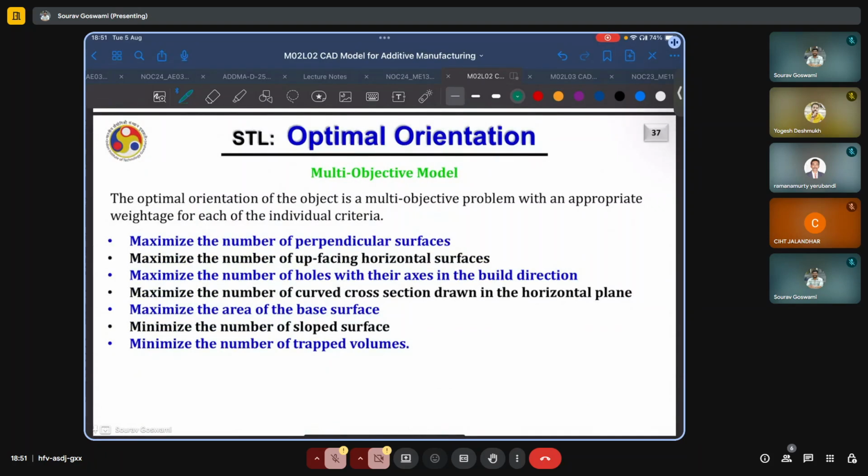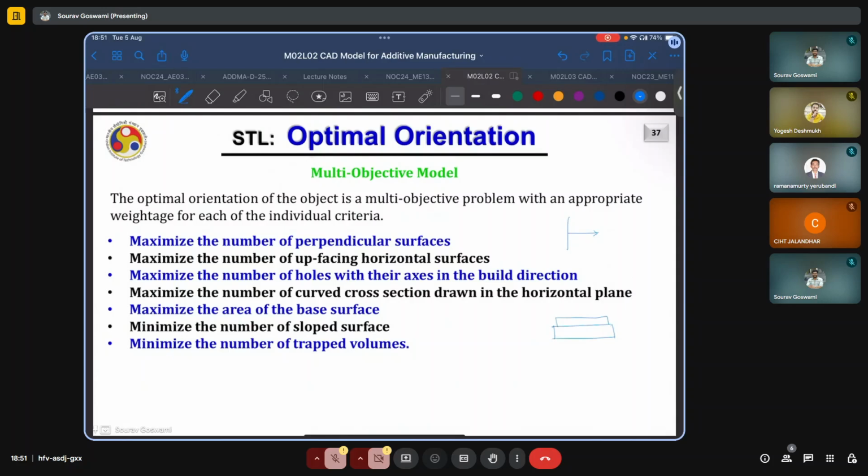One can be to maximize the number of perpendicular surfaces because a perpendicular surface will not require any supports at all. We can maximize the number of up-facing horizontal surfaces because again these will not require supports, or we can maximize the number of holes with their axes in the build direction.